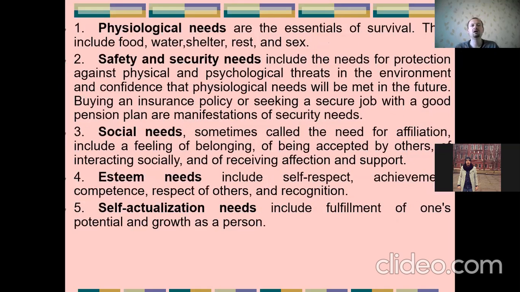These groups are the following: physiological needs, the first, and the second is safety and security needs.